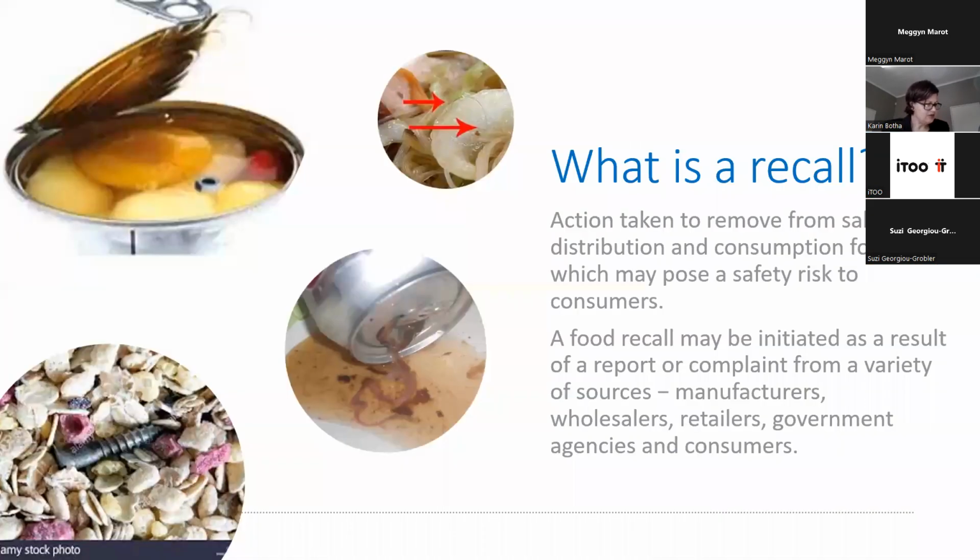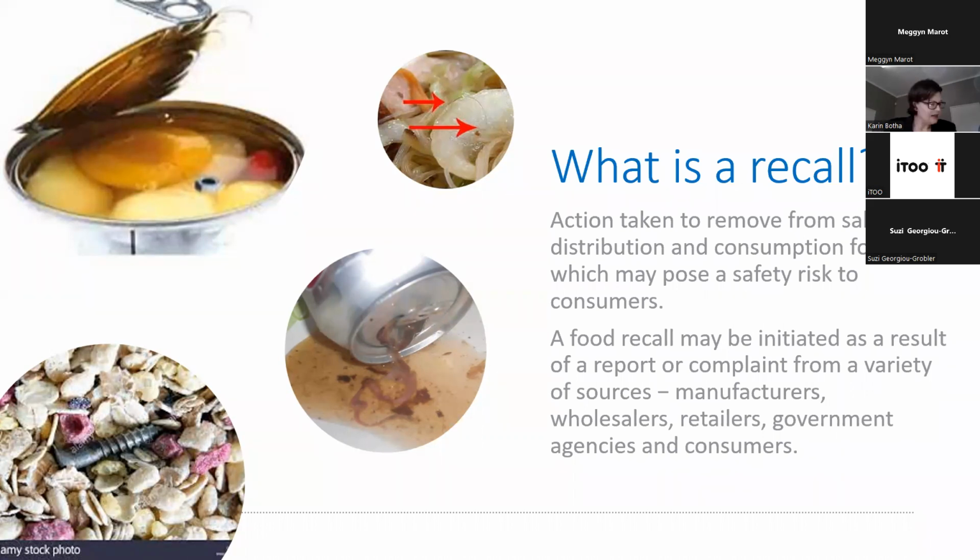Okay, so when you're sitting with this product and it's now contaminated, what do you do? And I think maybe some of you have already heard about a recall or a withdrawal and maybe not too sure what specifically is the difference between the two. So the first one, what is a recall?